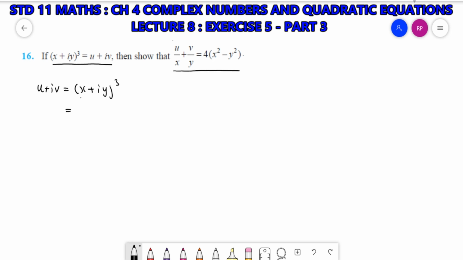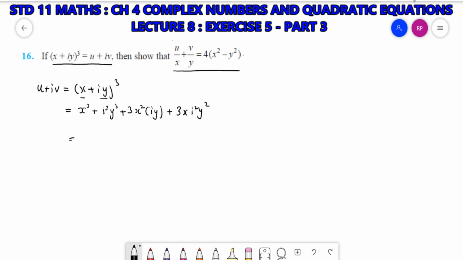We will use the formula (a plus b) whole cube, that is a cube plus b cube plus 3a square b plus 3ab square. A cube is x cube, plus b cube that is i cube y cube, plus 3a square b that is 3x square into iy, plus 3ab square that is 3x into i square y square.